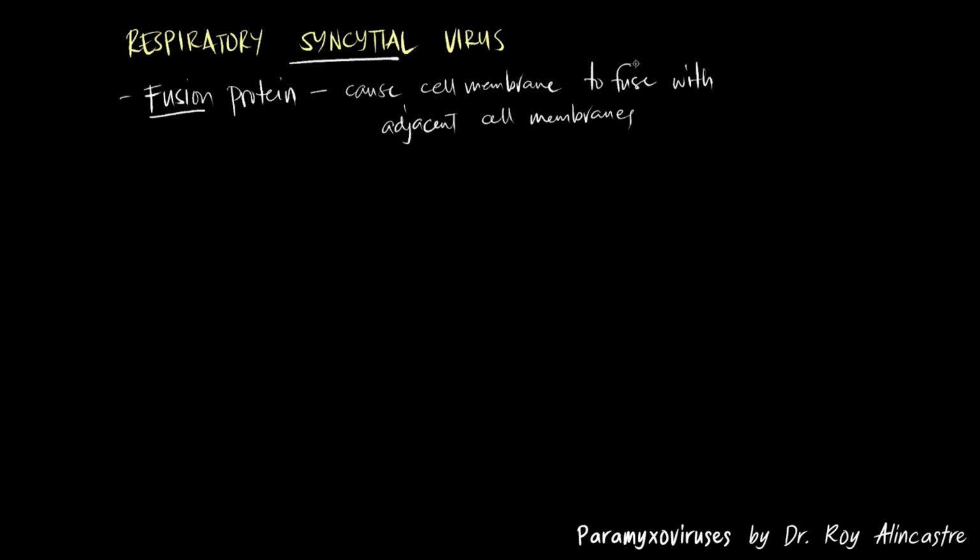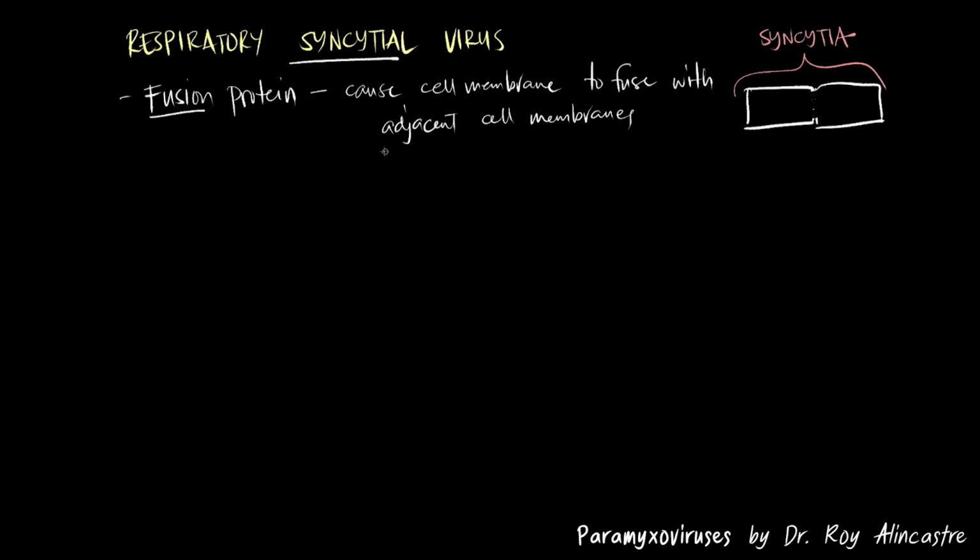Following their function, they cause the host cell membranes to fuse with the adjacent cells, forming one large cell called a syncytium. And of course, when there are many of them, the plural is syncytia.